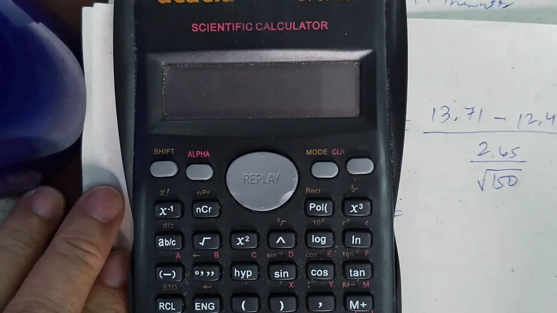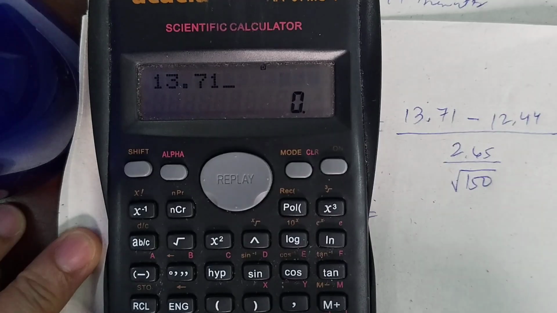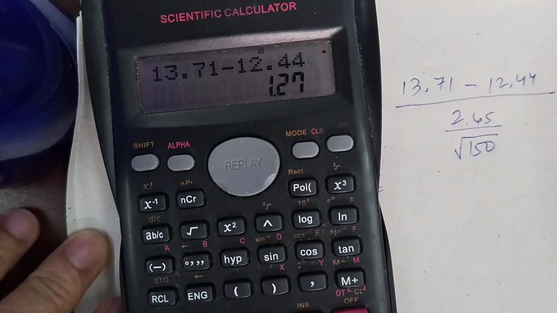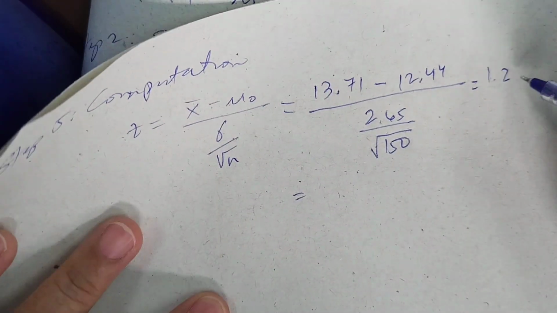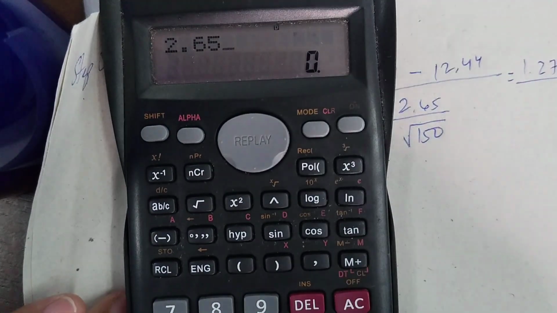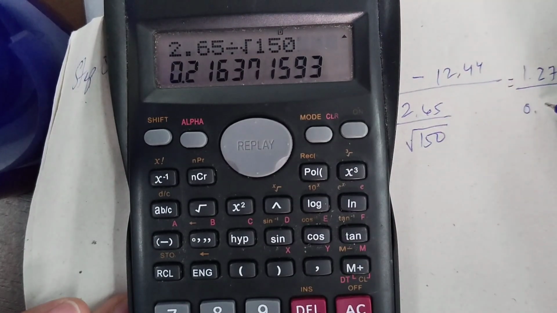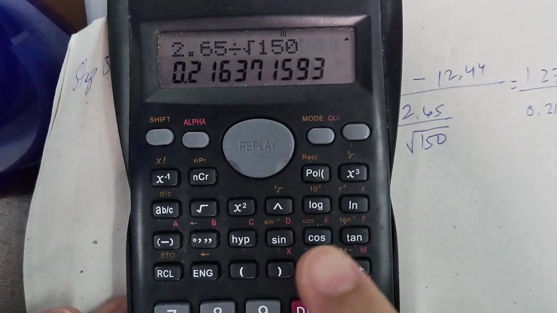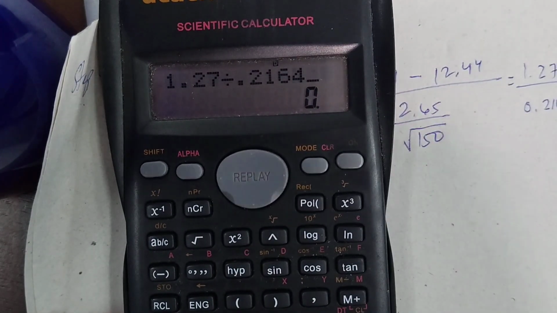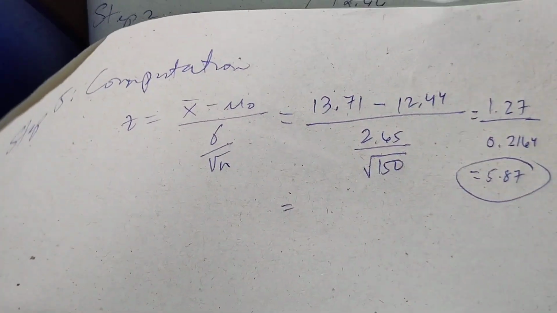Let's compute that, so that you also know how to calculate this. 13.71 minus 12.44 is 1.27. What will be the denominator? 2.65 divided by the square root of 150 is 0.2164. So, 1.27 divided by 0.2164, the answer is 5.87. Now, we have 5.87 as our computation.